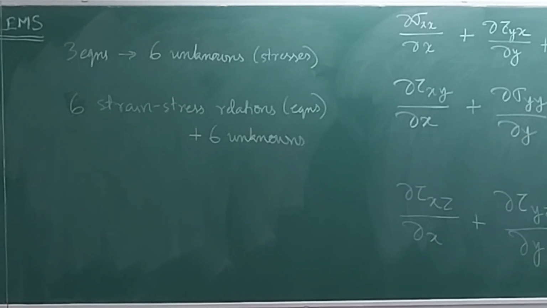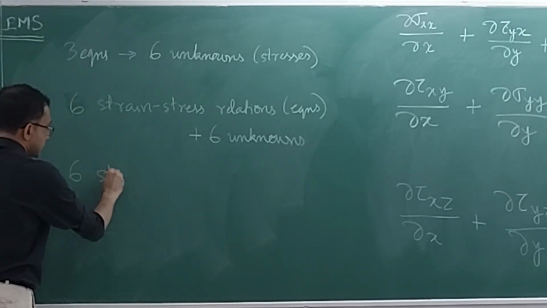So epsilon xx is equal to del u del x, epsilon yy is equal to del v del y, all those things. Those are also equations. There's an equal to in between. And how many of them are there? There are 6. So 6 strain-displacement relations.